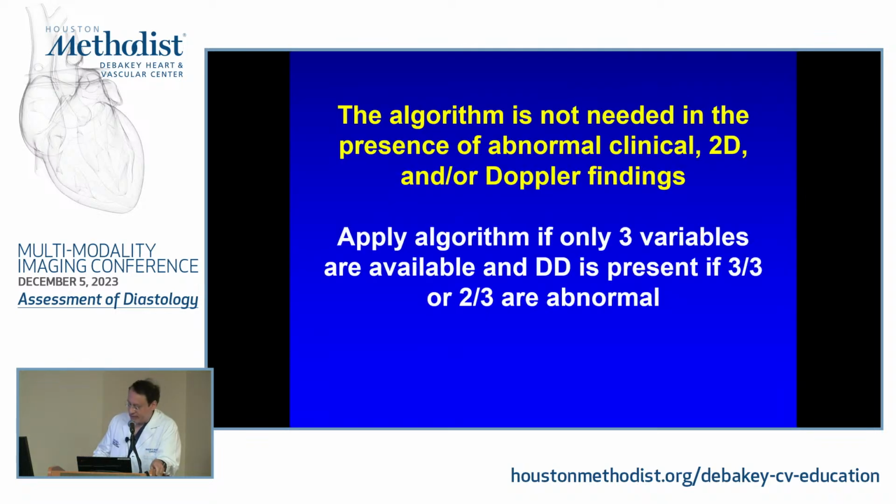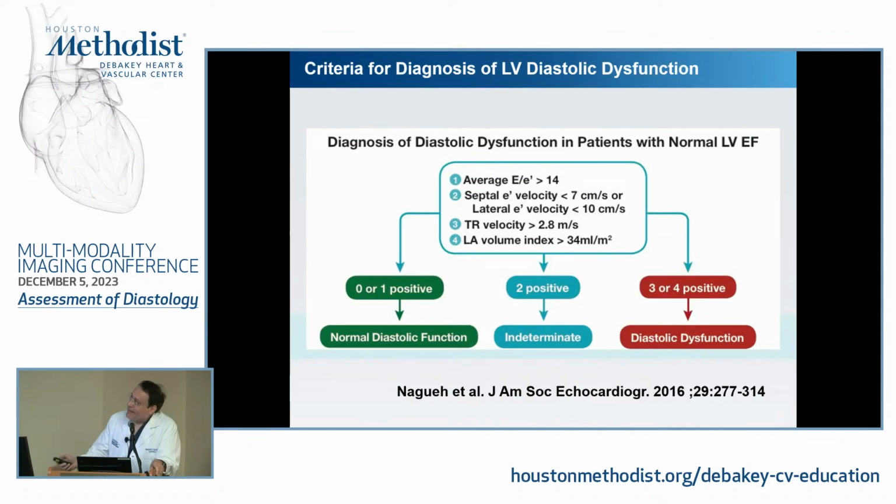Is that 34 normal value based on LA focused views? This is not necessarily based on LA focused views. It's based on data that has been published that related mean plus 2 standard deviation values. The assumption is that whoever scanned in these studies was careful and did their best to show the LA volume.